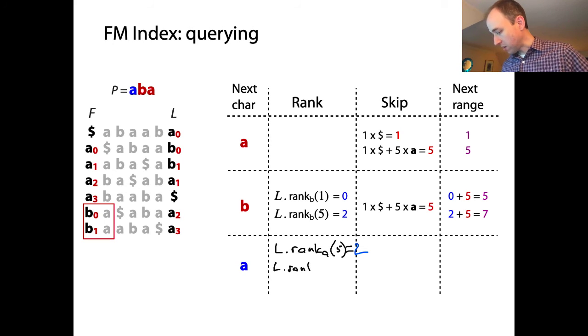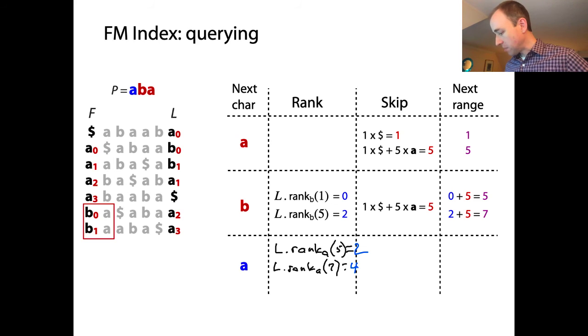That's how many A's there actually are in the entire L array. This is this sort of imaginary row 7 down here. So we have to count all the A's up to, but not including, row 7: 1, 2, 3, 4, so 4 of those. Okay, so 2 and 4 from that.